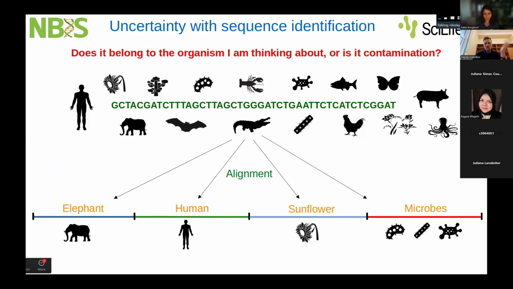So if I want to be open-minded, I go with this competitive mapping approach. I map my read against multiple reference genomes, but are they okay? Maybe I will figure out that my read maps with the highest affinity to my human reference. Does it mean that I found a human in my sample? Not always.